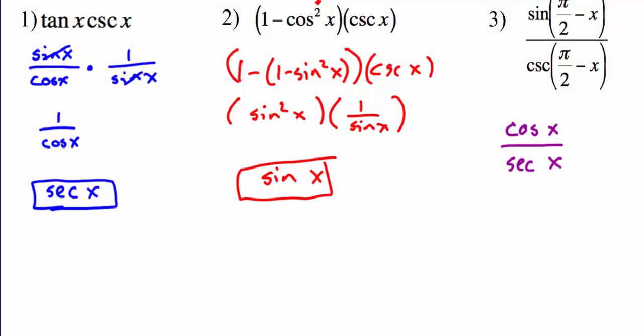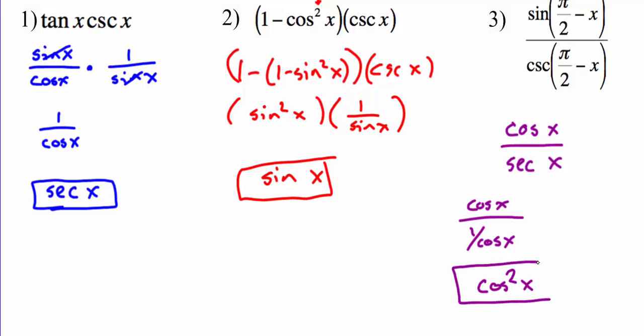We know that secant is 1 over the cosine, so I'm going to rewrite it as secant of x divided by 1 over cosine of x. And of course, when we divide by a fraction, that's the same as multiplying by a reciprocal. So this is cosine of x times cosine of x over 1, or just simply cosine squared x.